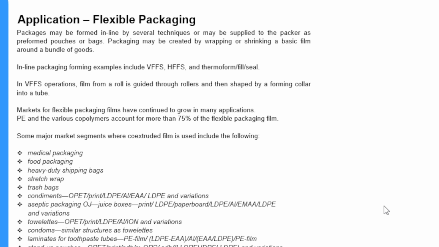Some major market segments where co-extruded film is used include the following: medical packaging, food packaging, heavy-duty shipping bags, stretch wrap, trash bags, condiments, OPET, print, LDPE and variations, laminated with several materials, aseptic packaging, juice boxes, laminates for toothpaste tubes, PE film, LDPE, stand-up pouches, OPET, print, then adhesive, then OPP, adhesive, then LDPE, HDPE or LDPE, and very many variations.